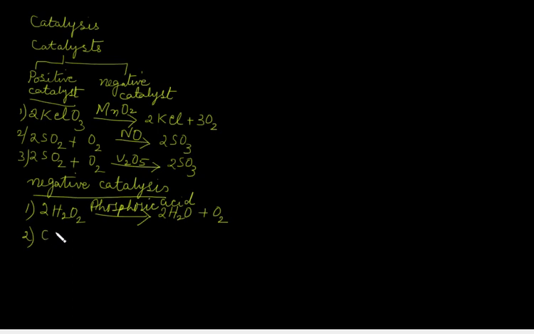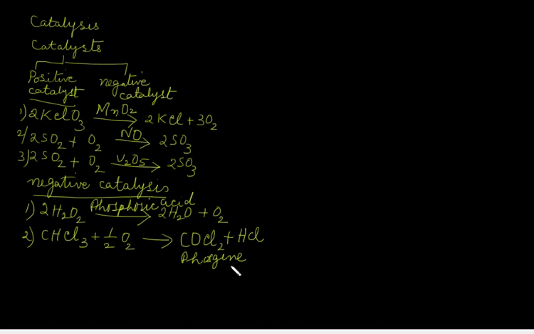Another example is chloroform. CHCl3 reacts with oxygen to produce COCl2 and HCl. This substance is phosgene. It is a poison. CHCl3 was used as an anesthetic by medical practitioners, especially surgeons in surgery, to relieve the patients from pain.